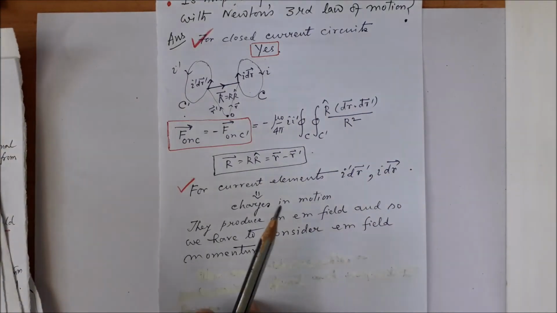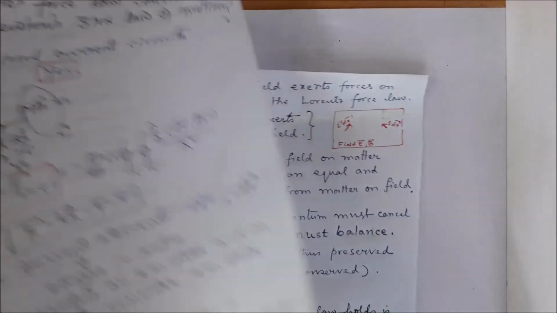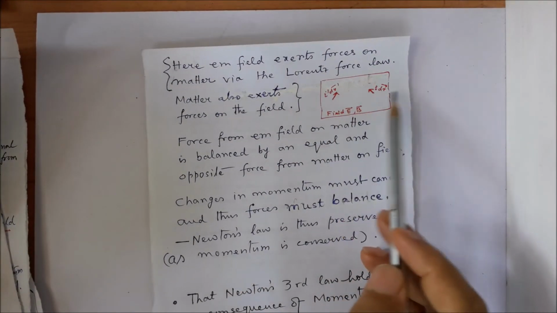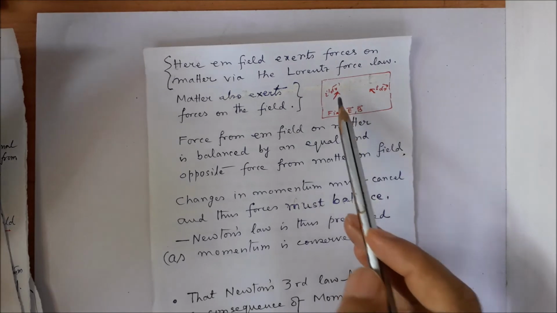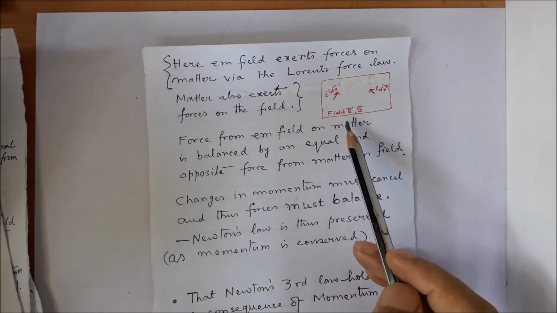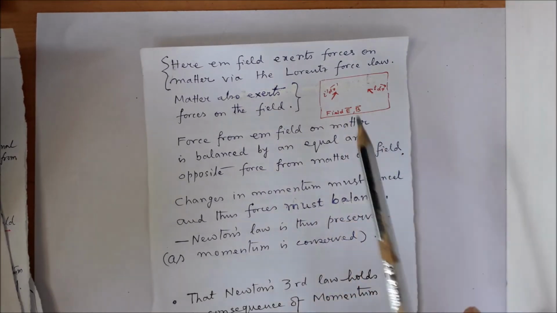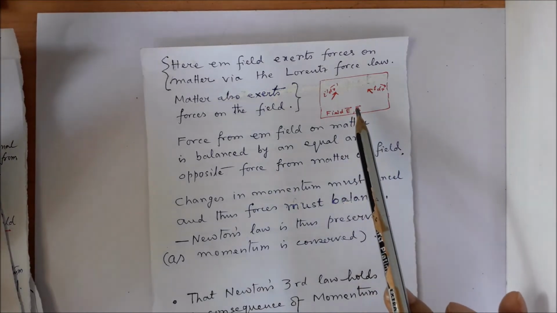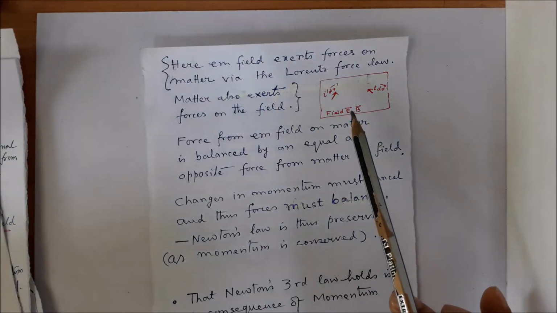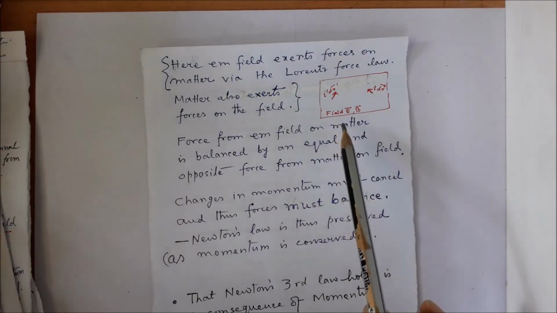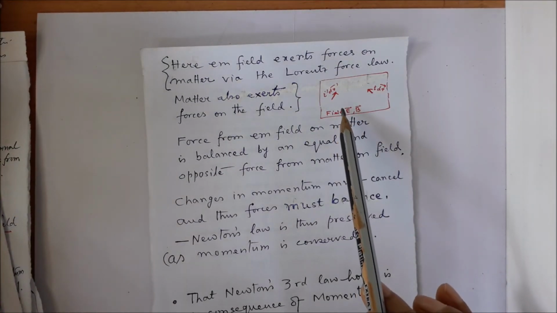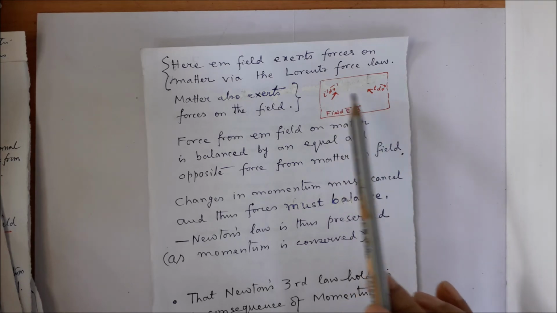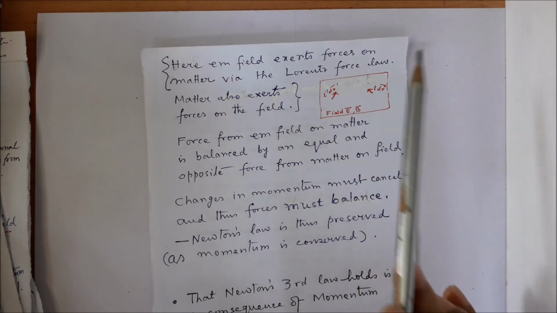In the situation we are considering, we have matter, that is the charges, and the electromagnetic field, and we are actually studying interaction between matter and field. The electromagnetic field exerts force on matter, and we have used the Lorentz force law to describe that.